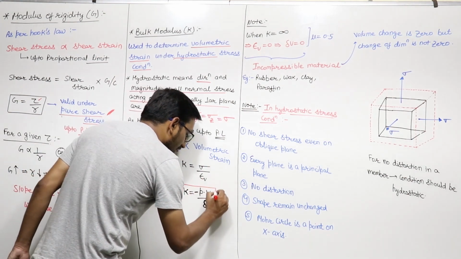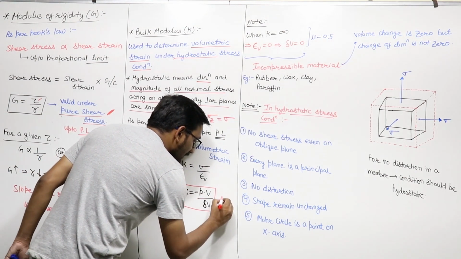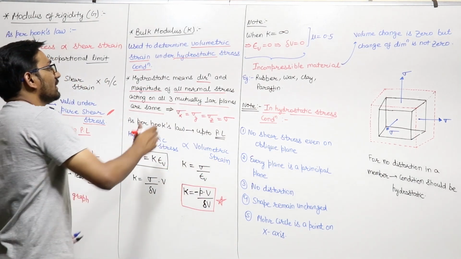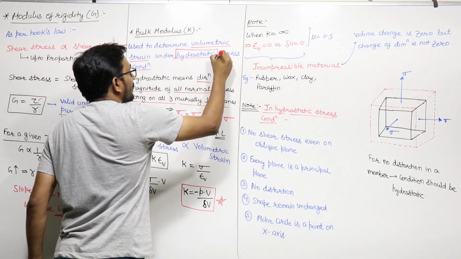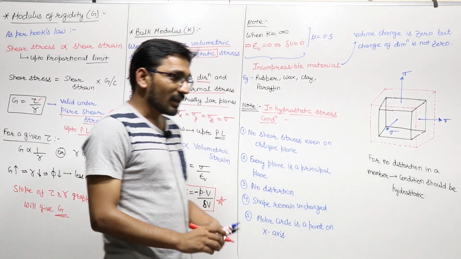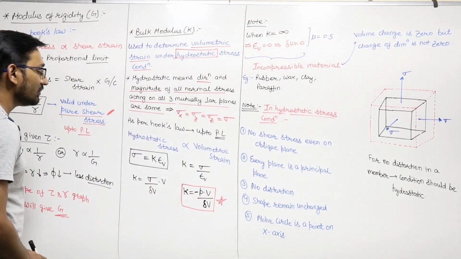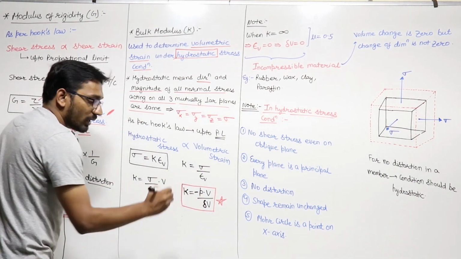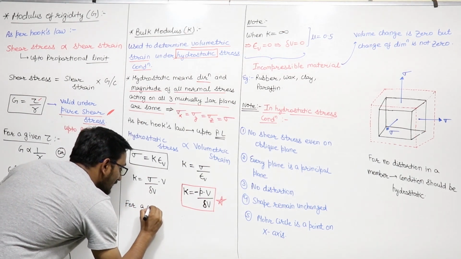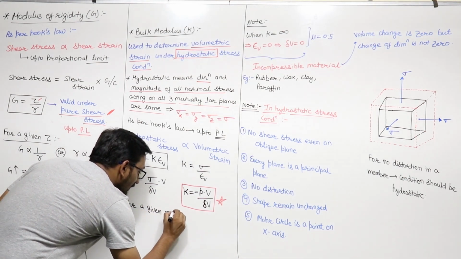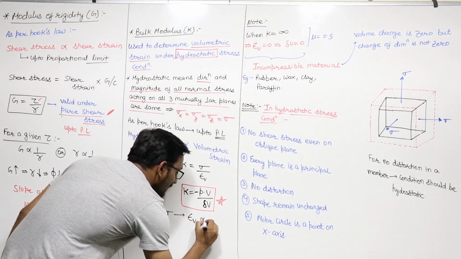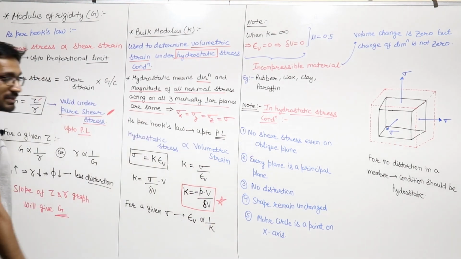So this is the definition of your bulk modulus elastic constant, and this is valid only under hydrostatic state of stress, right? So for a given sigma, volumetric strain is inversely proportional to the bulk modulus.